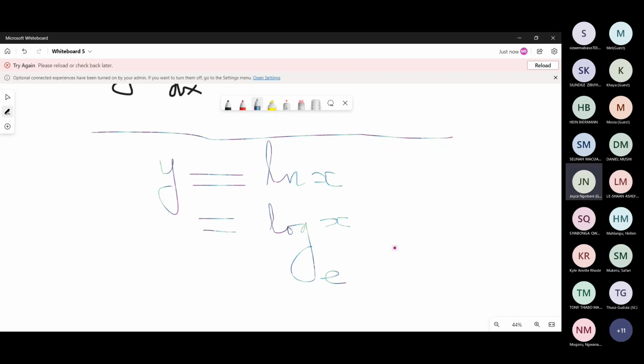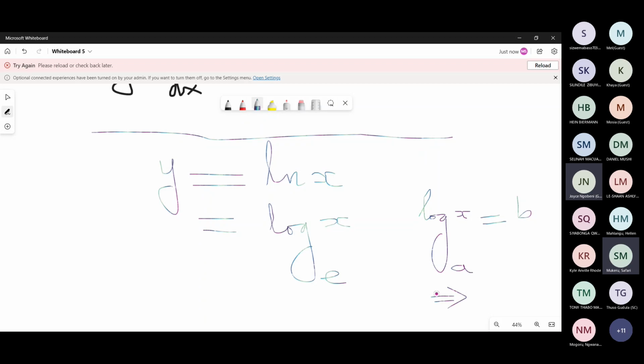Excellent. In general, I don't want to waste your time, but the logarithm of any number x in any base, say base a, if we say that this number is equal to b, what does this mean?